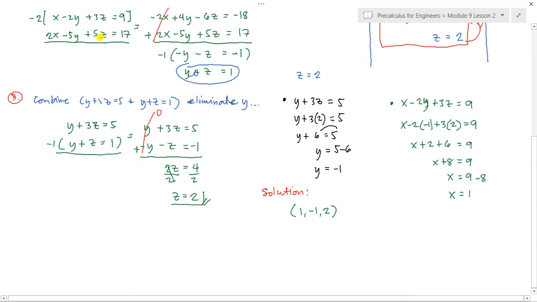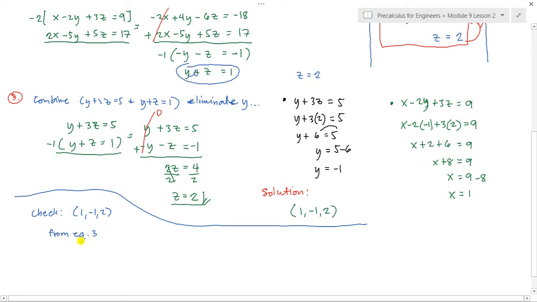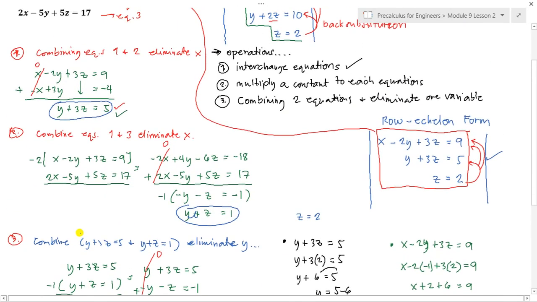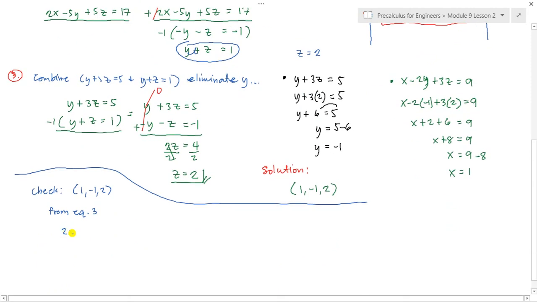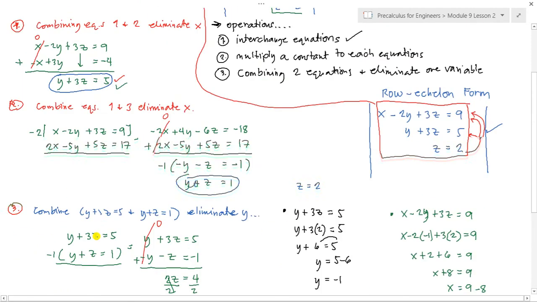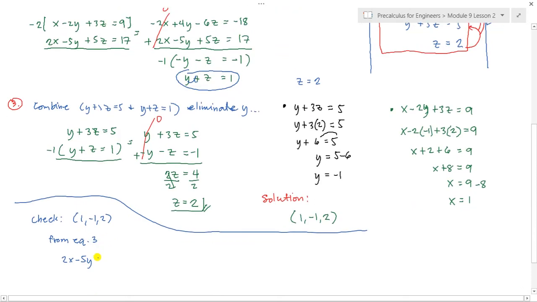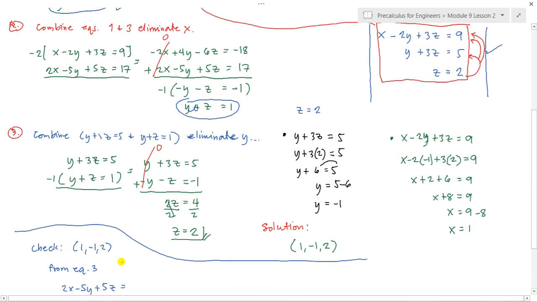So, in order to check, we're going to verify whether this one is true. So, we're going to check if this solution 1, negative 1, and 2 is correct. So, from equation 3, we have 2x minus 5y, then plus 5z is equal to 17.